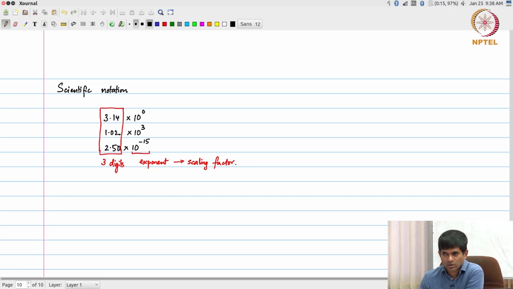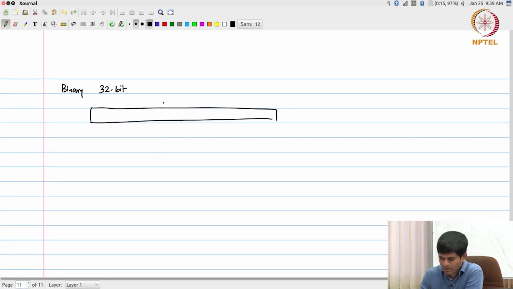Okay, so what was proposed in order to do the same thing for binary was to say, let's say that I have a 32-bit range of values. Let me divide this and say I will have my exponent over here, and the remaining part, which is the actual value, I call it the mantissa.